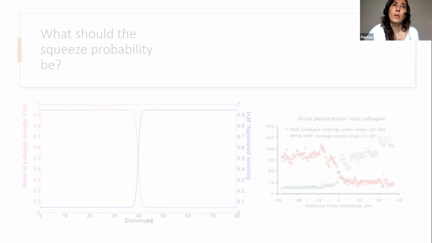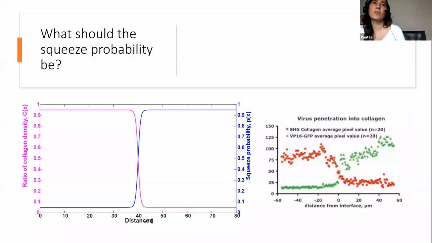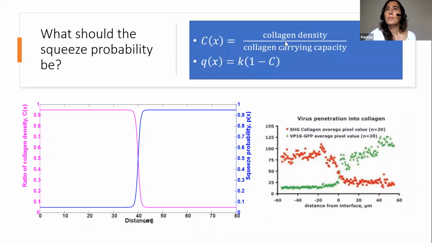So let's talk about this squeeze probability. What should the squeeze probability be? Let's take C of X as the collagen density over collagen carrying capacity, so it's a ratio of collagen. And let's say that Q of X is some constant K times 1 minus C, and let's just let K be 1.